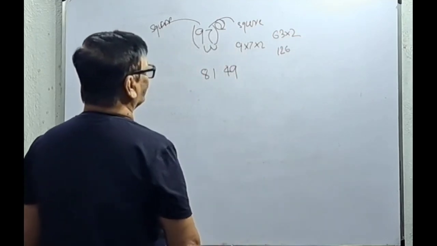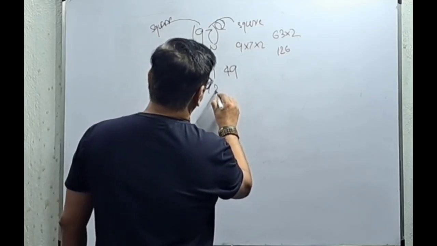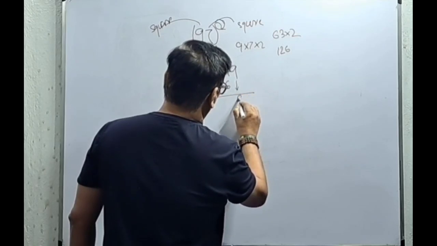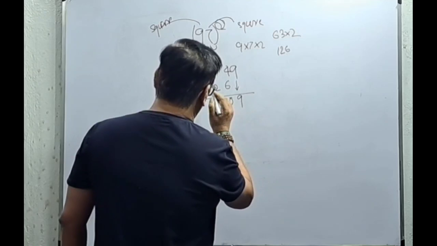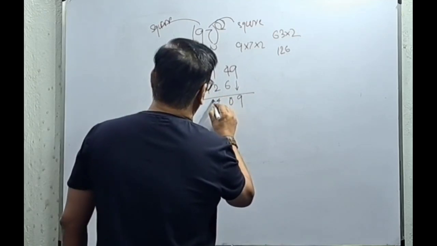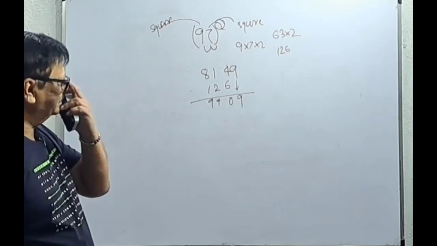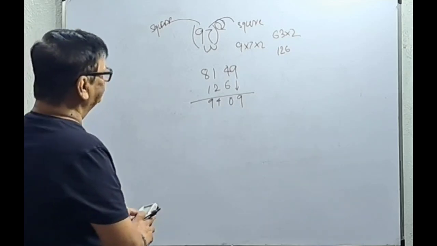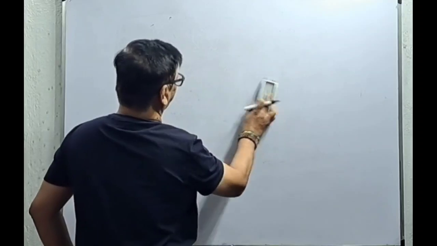Write down 126 like this. Write down 9 here. 0, you carry 1, 3, 4, 9. Let's check. Is it understood? It's correct.